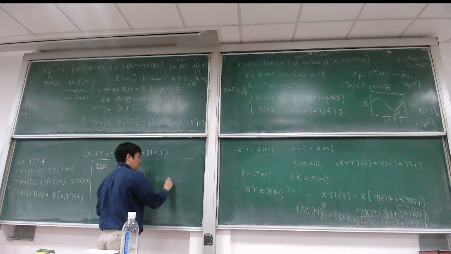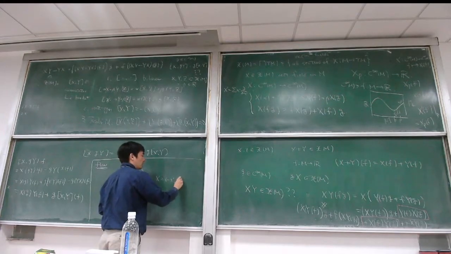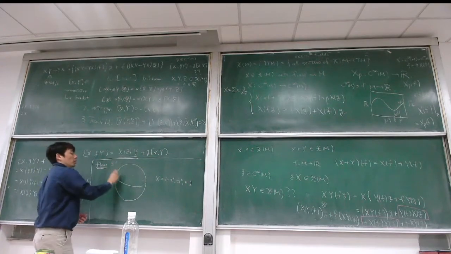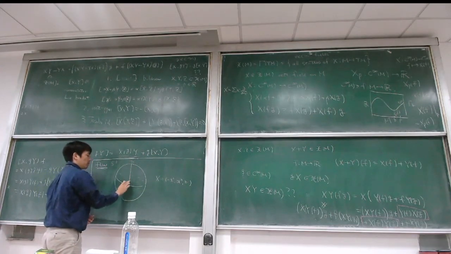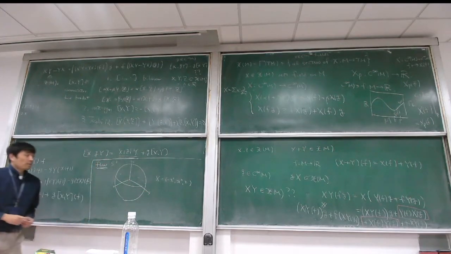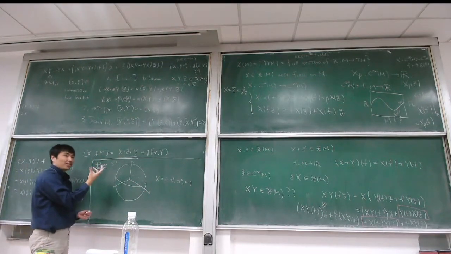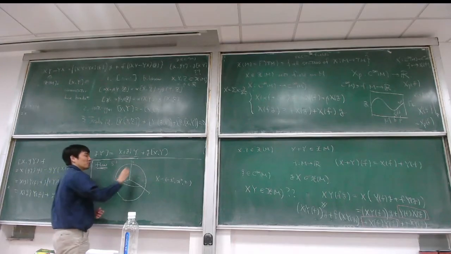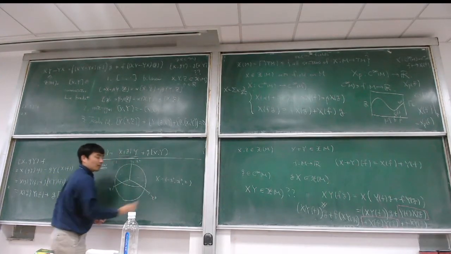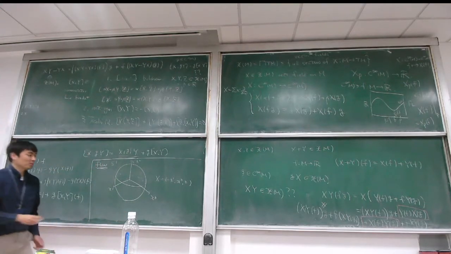x is equal to minus x1, x0, 0, okay? On S2, the vector field is actually related to the rotation on the x2. That's what we have seen.